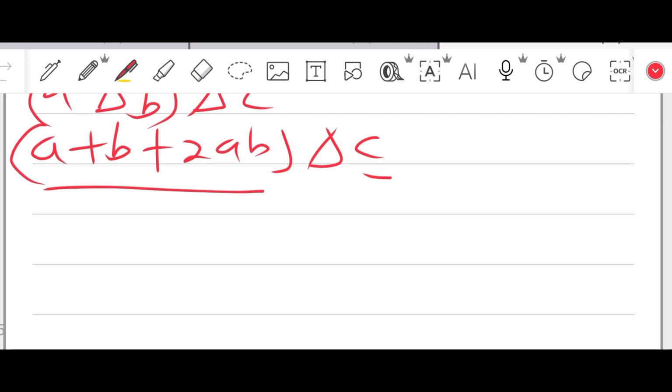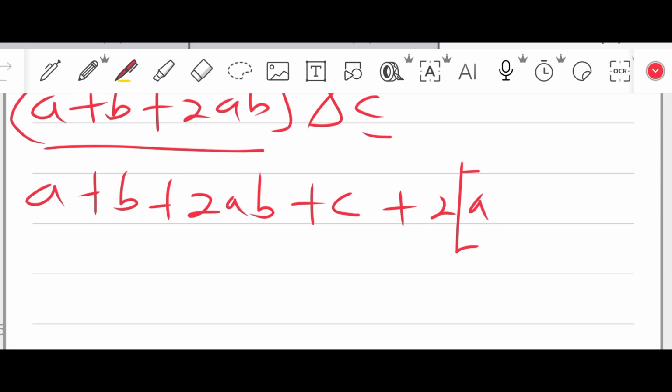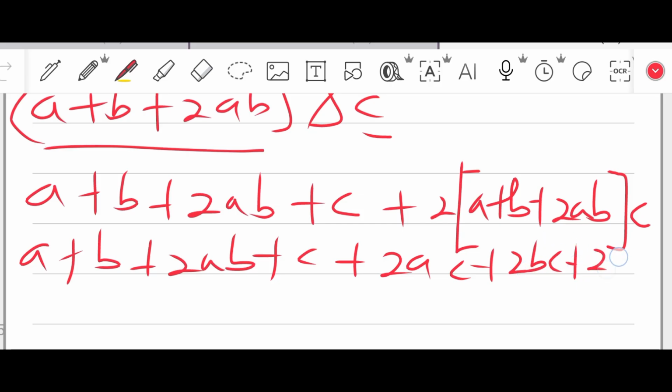So we have our first term, which is A plus B plus 2AB, plus our second term C, plus 2 times our first term, A plus B plus 2AB, times our second term, which is C. So let's put them together and simplify. We have A plus B plus 2AB plus C plus 2AC plus 2BC plus 2ABC. Right, so that is that for our left hand side.